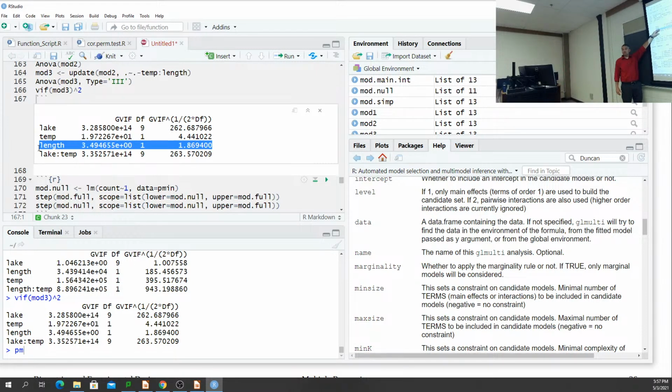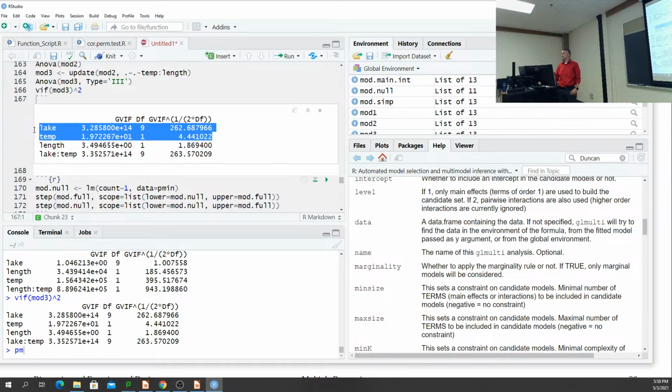If this one was greater than 5, then we would have a problem. But these two are okay because they are part of the interactions. They form our interaction term. This is part of my simplification because I didn't have GL multi working.